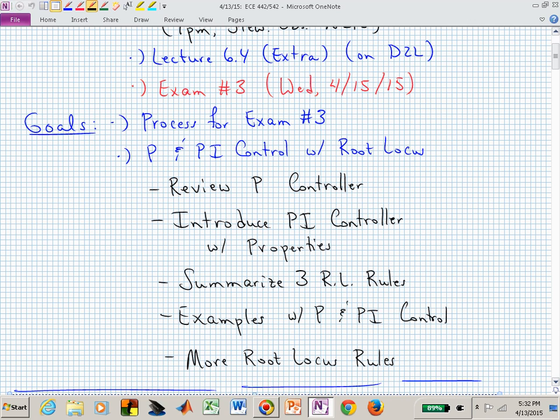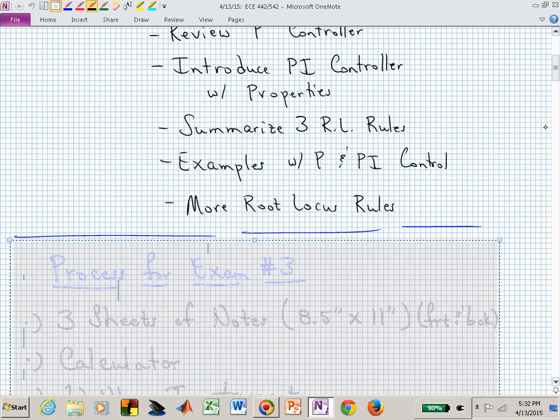And that will be after we've quickly breezed through the summary of 3 of the root locus rules, and if we have time, we'll get into the last 2, but you won't necessarily need those, I don't believe, for exam number 3. But it'll be nice to have them all in a package, but I don't know that we'll have that before we finish today's class.